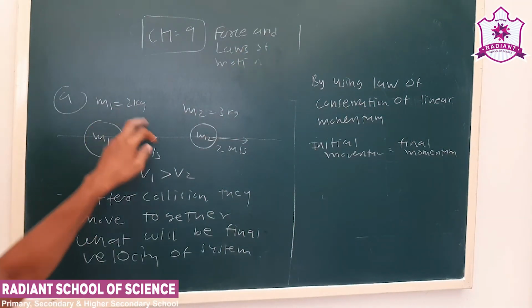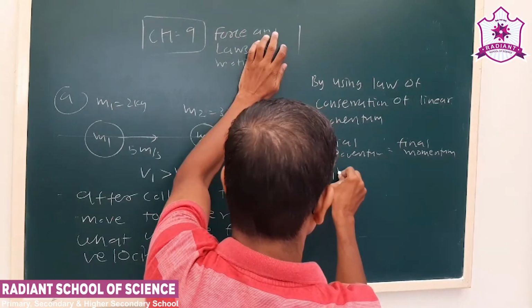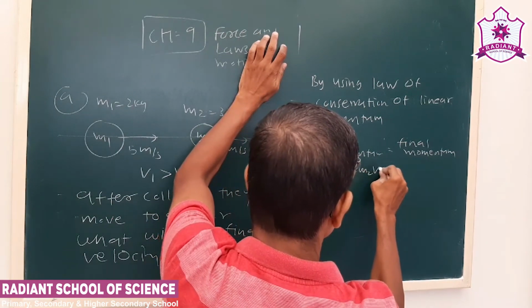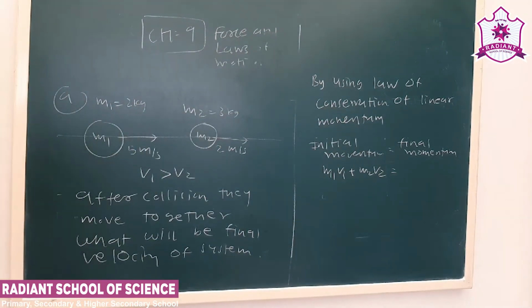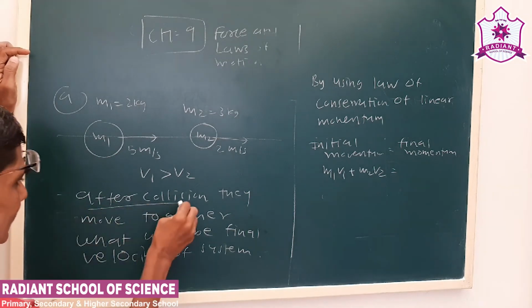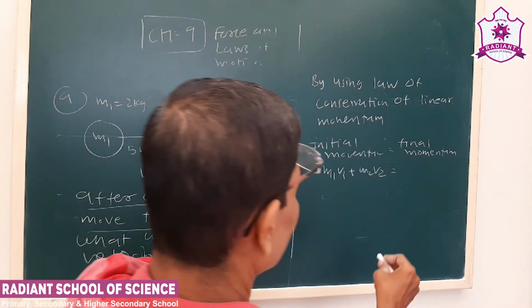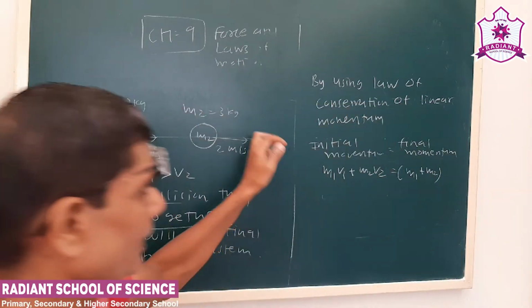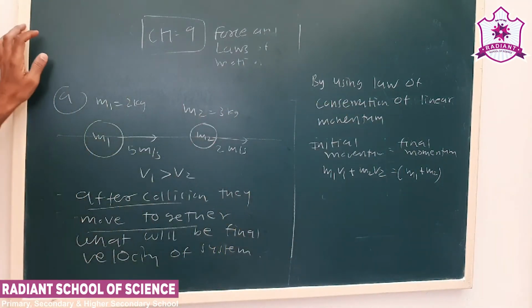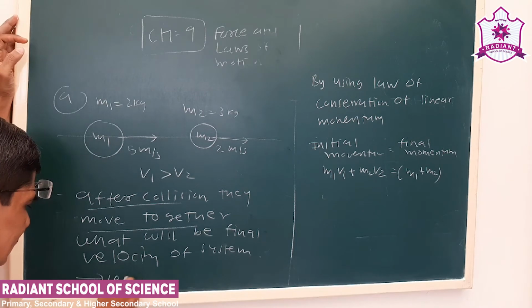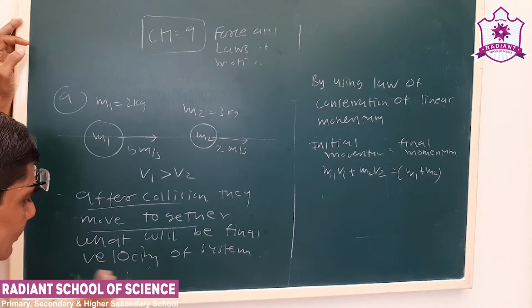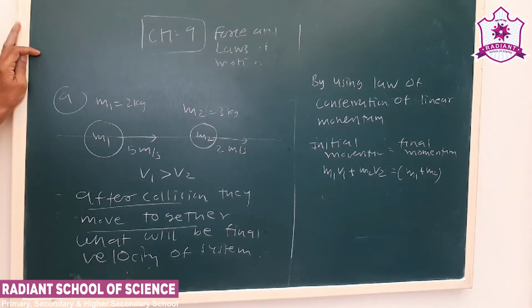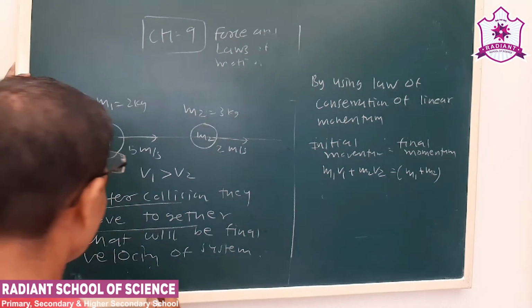Initial momentum is m1 v1. Now the question says after collision they move together, so it will be a combined mass. Let the final velocity be v dash.